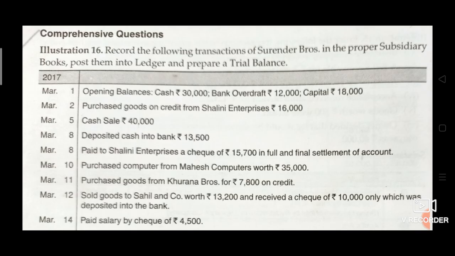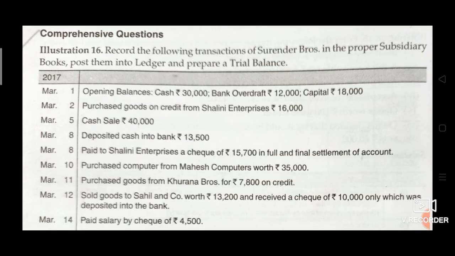10th March, purchase computer from Mahesh Computers worth rupees 35,000. This is the entry of credit purchase of computer, that is credit purchase of asset. So it will be recorded in journal proper. 11th March, purchase goods from Khurana Brothers for rupees 7,800 on credit.